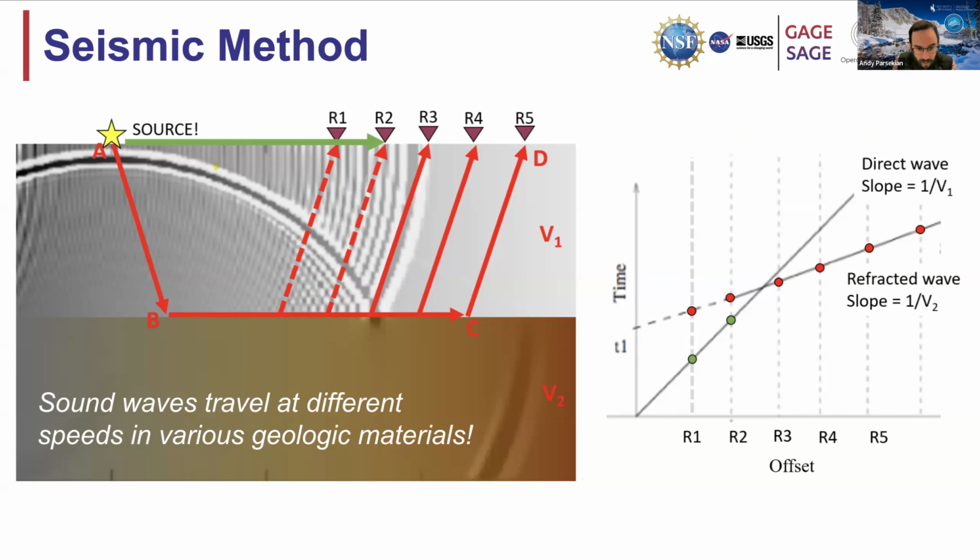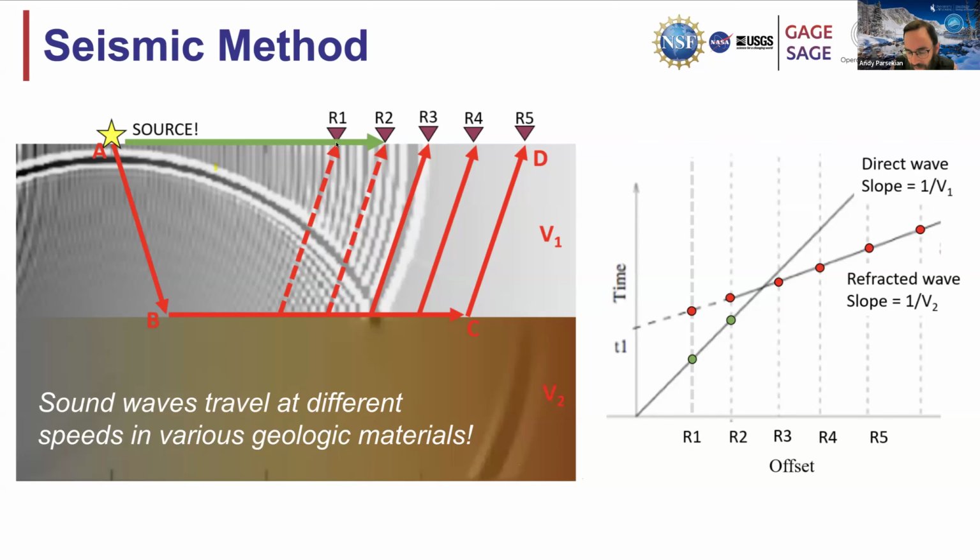Because the sound waves are traveling at the velocity of that faster material at depth, as they move across the array of sensors, at some point the waves traveling at the faster velocity outpace those traveling at the soil velocity. So the ones in the red arrows in this diagram will start to arrive at the geophones sooner than the direct waves in the green arrow.